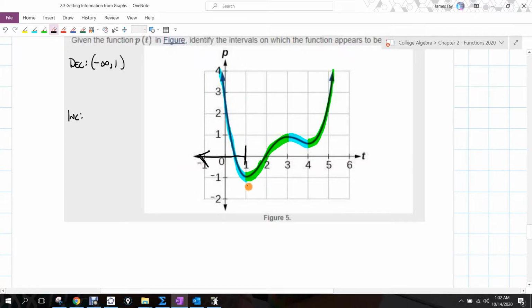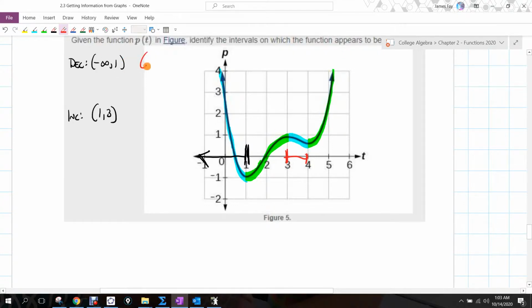I get to 1, okay, and now I've got this interval between 1 and 3 where my y values from left to right are going up. So 1 to 3, I'm increasing. Then from 3 to 4, you see your y values are now decreasing.